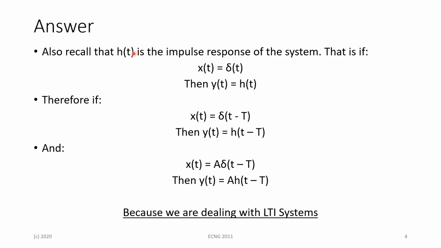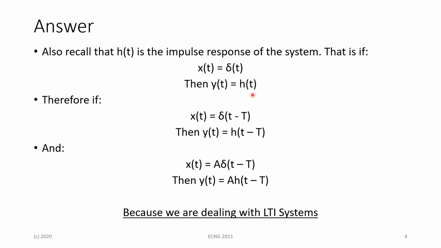Because h of t in this case was the impulse response, let's say if x of t for this particular case was an impulse, delta of t, and we know y of t was basically h of t convolved with x of t, the end result will mean that if we convolve with a unit impulse, we will just obtain our h of t signal for y of t.